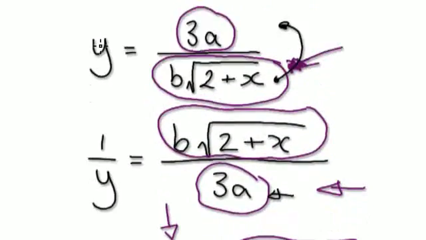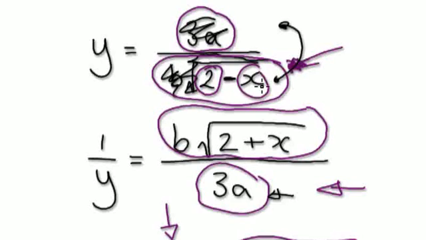Let's go back in time. If this is a minus here, then it's slightly more complicated because you've got to get rid of this, get rid of this, and then you will visualize it as 2 minus x.